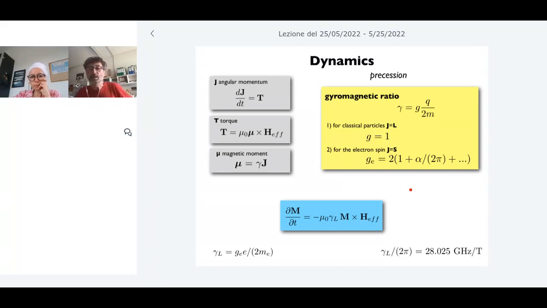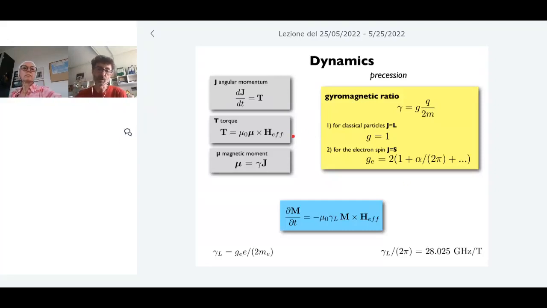So what is the dynamic I was referring to? It's precession. We said this at the beginning of a lecture before. Why do we have a magnetization precession? Because the magnetization is related to an angular momentum. So if we have a torque, then we have a change of the angular momentum with time.